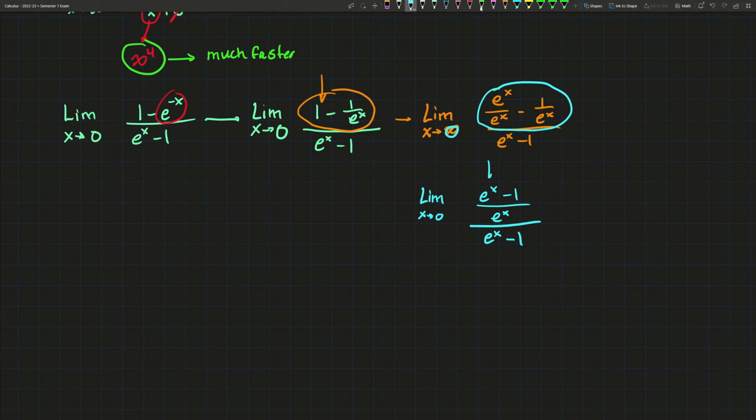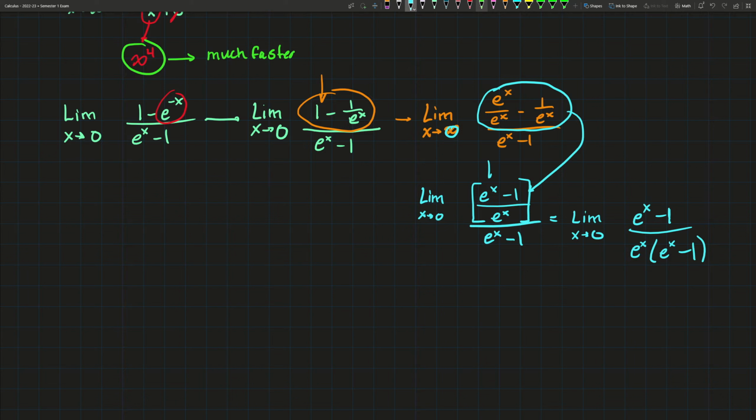Now we have a fraction within a fraction. So this becomes e to the x minus 1 over, then we're just multiplying those two denominators together, e to the x times e to the x minus 1. And now this becomes a lot easier.